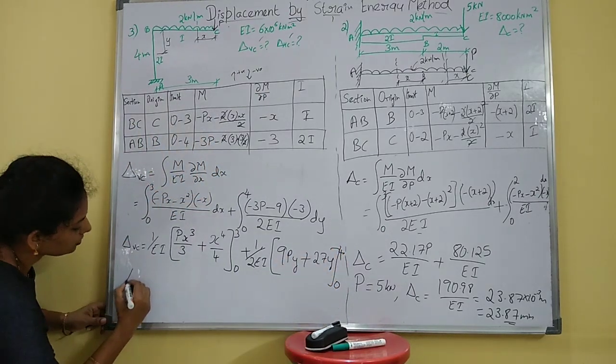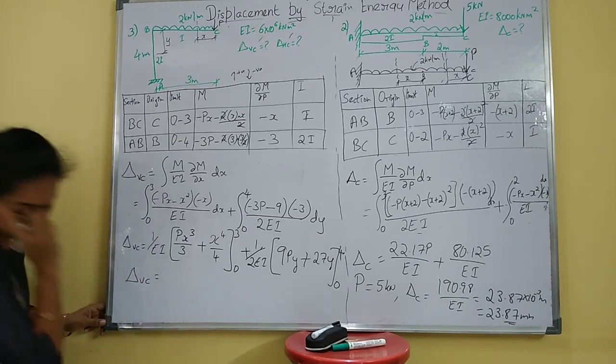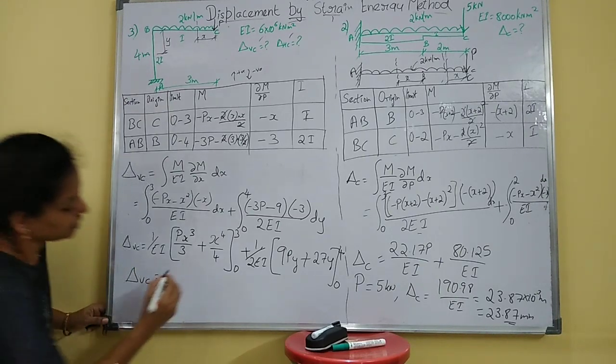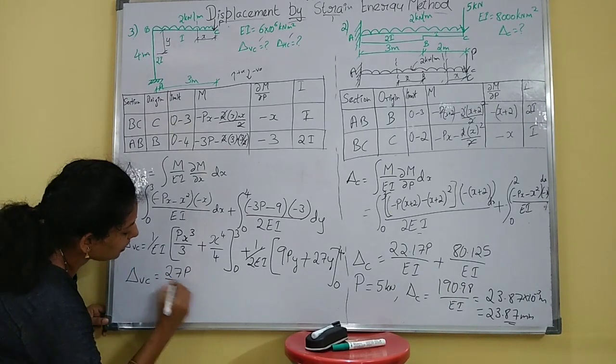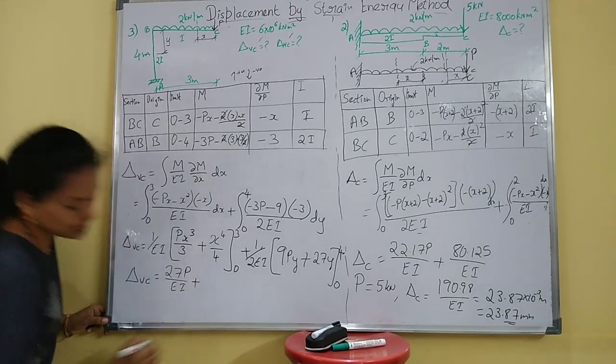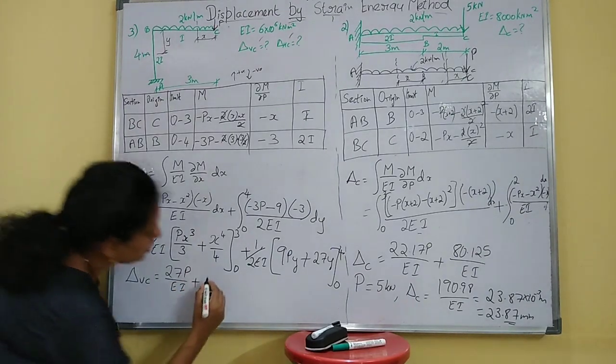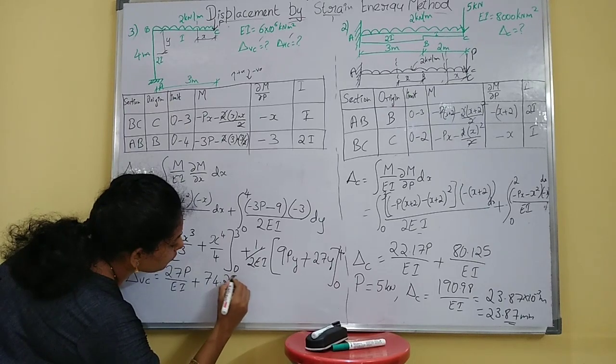After integration, the final delta Vc is nothing but 27P by EI plus 74.25 by EI.